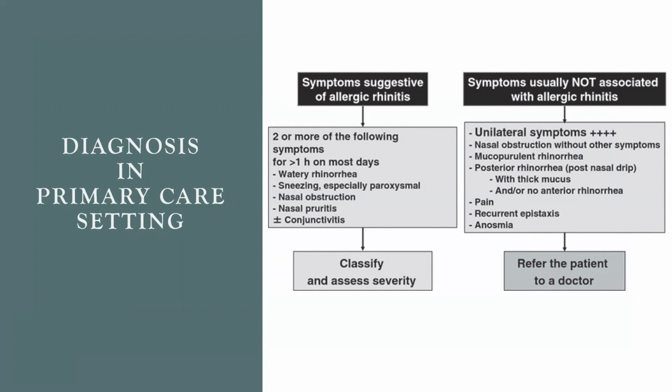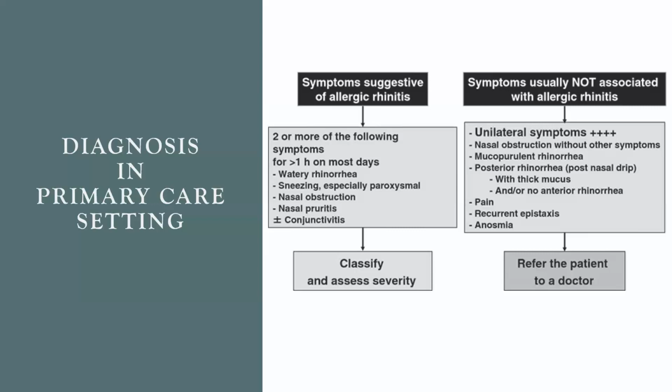If we're talking about symptoms that suggest allergic rhinitis, you have to look for the previously mentioned symptoms. Usually it has to be 2 or more of these symptoms, for more than 1 hour on most days. So if the child was sneezing for a couple of minutes in the morning, and this occurred, for example, 2-3 days ago, it's not suggestive of allergic rhinitis.